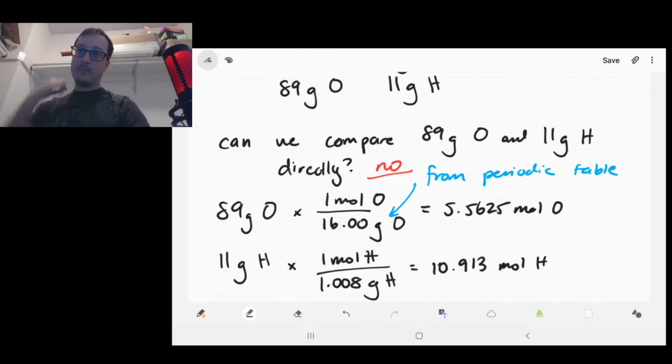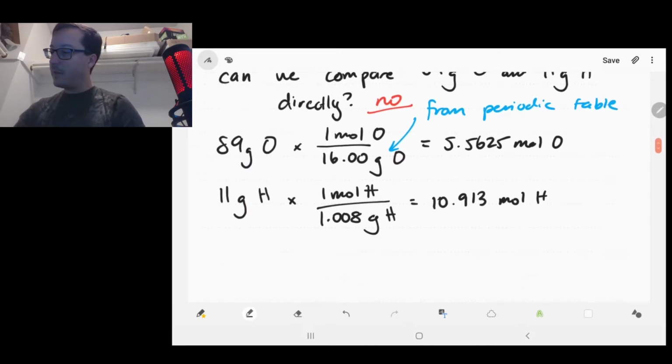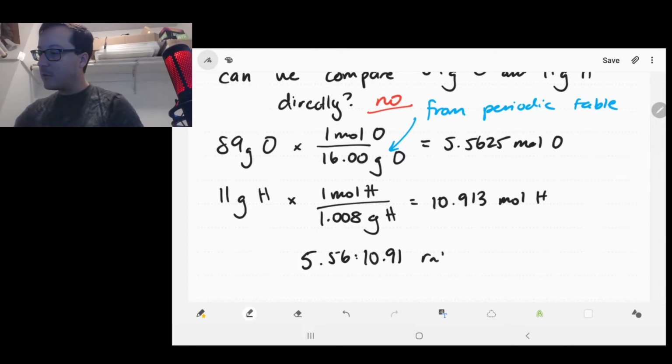And if we want to find the lowest ratio between them, I mean, this is saying essentially we have a 5.56 to 10.91 ratio. But who the heck says that, right? We like to use integers. So what we can do, if we want to find the lowest ratio, we can just divide by the smaller number, right? And that'll give us our smallest ratio.